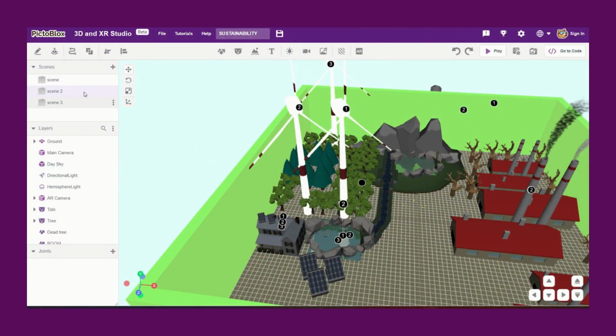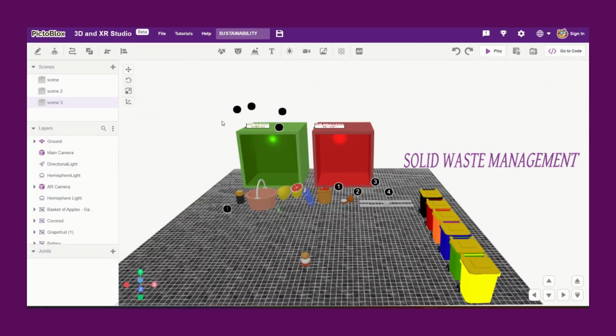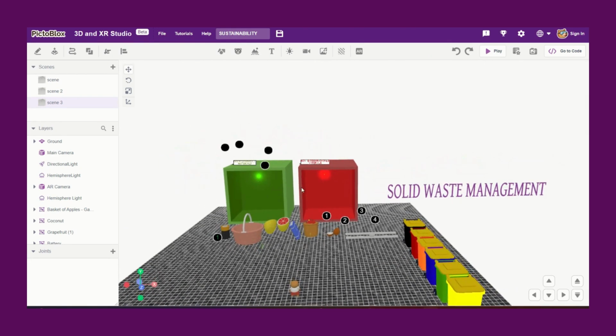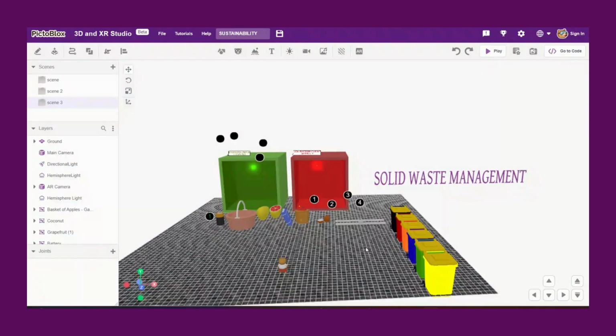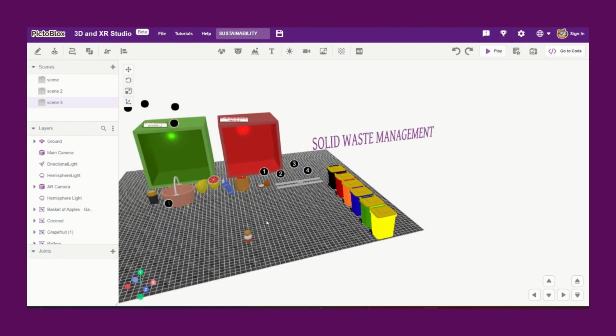Okay, moving on to the third scene. The final scene will address solid waste management, focusing on the proper disposal of waste. In this segment, participants will be quizzed on how to segregate the various types of waste into different color-coded bins. We have black, red, orange, blue, green, and yellow.